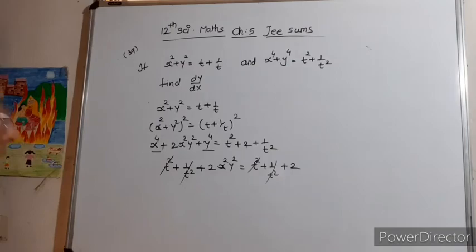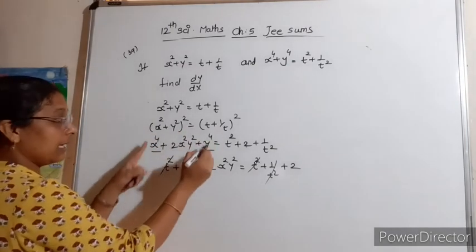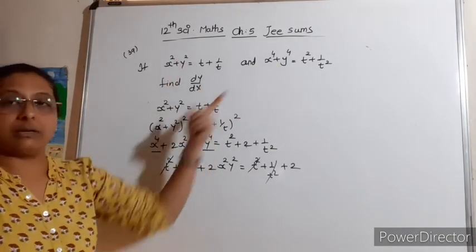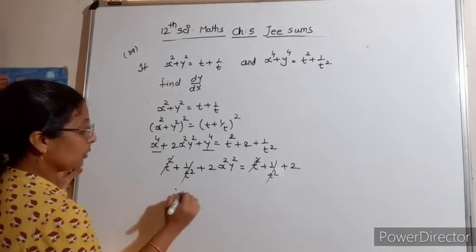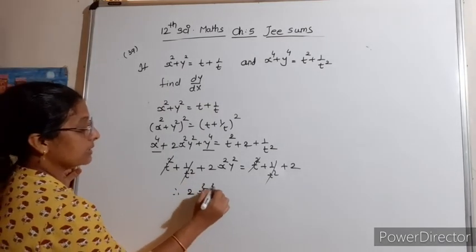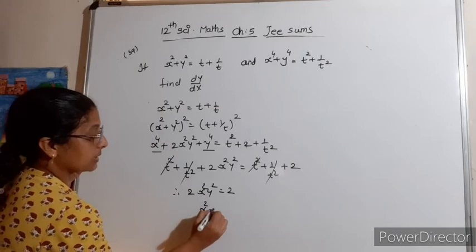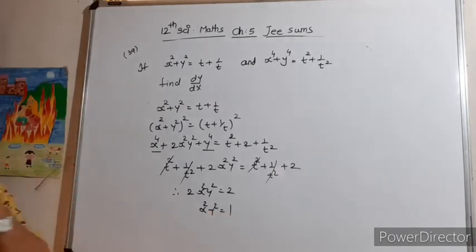You understand that? क्या किया मैंने? स्क्वायर किया, फिर x raised to 4 plus y raised to 4 की वैल्यू रख दी. That is 2x square y square equals 2. So x square y square is equal to 1.